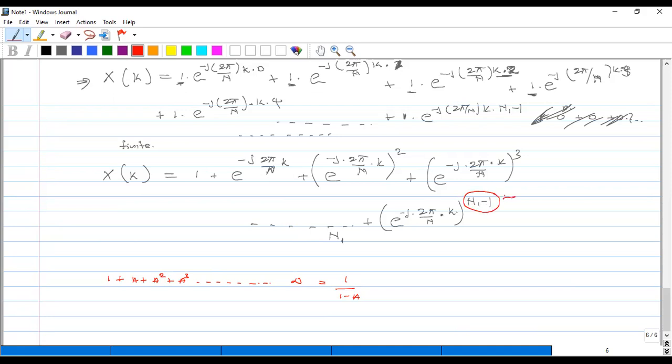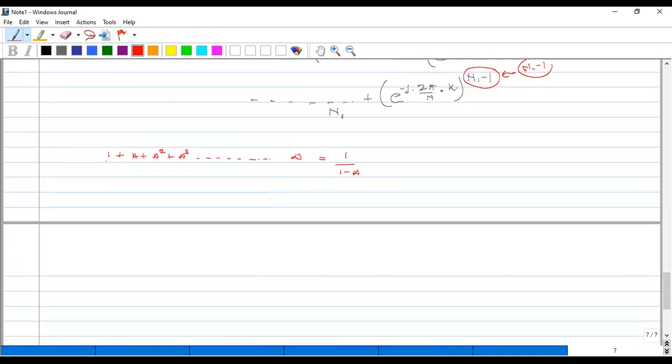If I write that, we will have 1 plus a square, a3, so on up to a n1 minus 1.